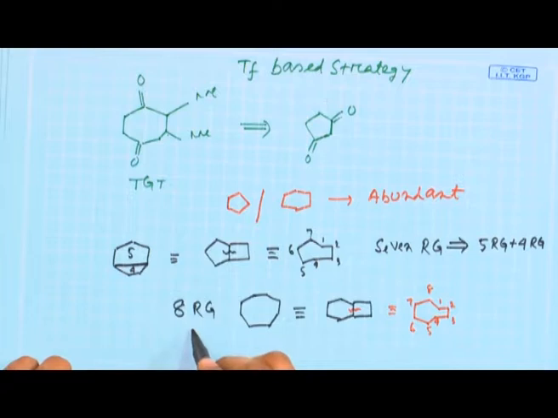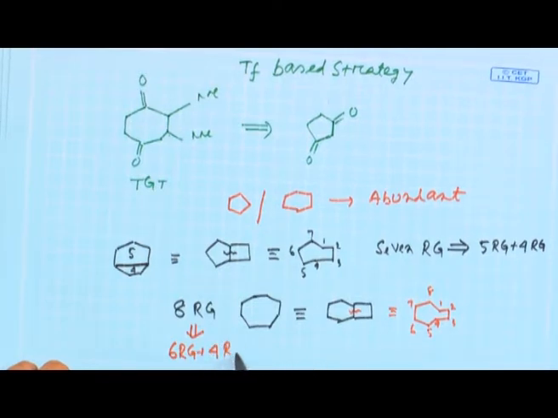So, an 8 member ring also can possibly be disconnected through a 6 member ring plus a 4 member ring together.